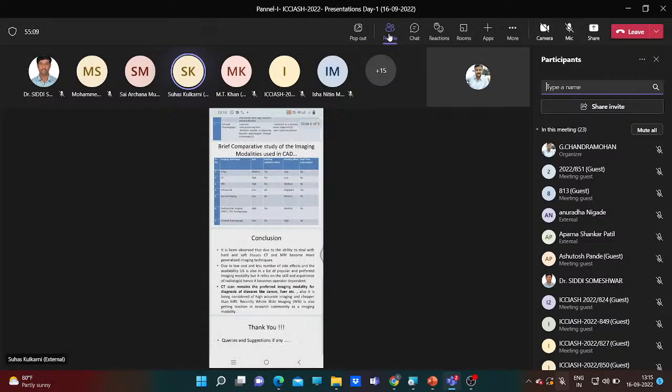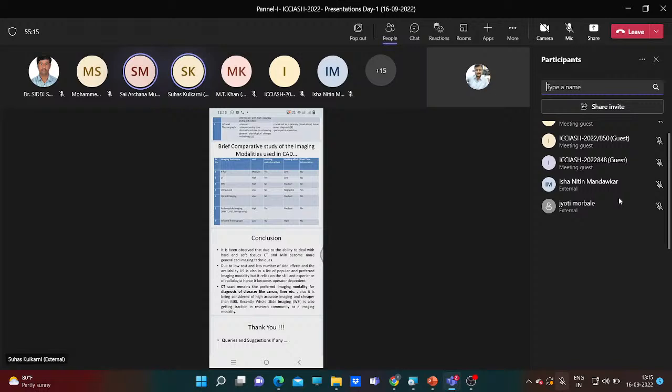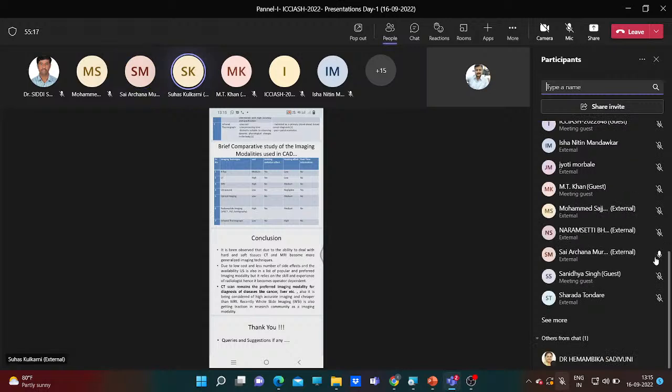From all these comparisons, it has been observed that due to the ability to deal with hard and soft tissues, CT and MRI have become more generalized imaging techniques. Due to low cost, fewer side effects, and availability, ultrasound is also in the list of popular and preferred imaging modalities.